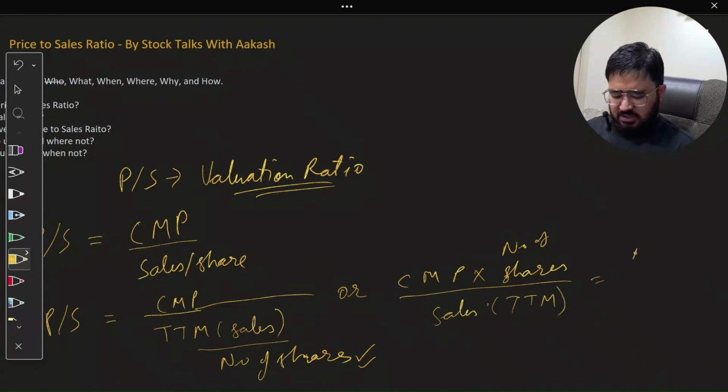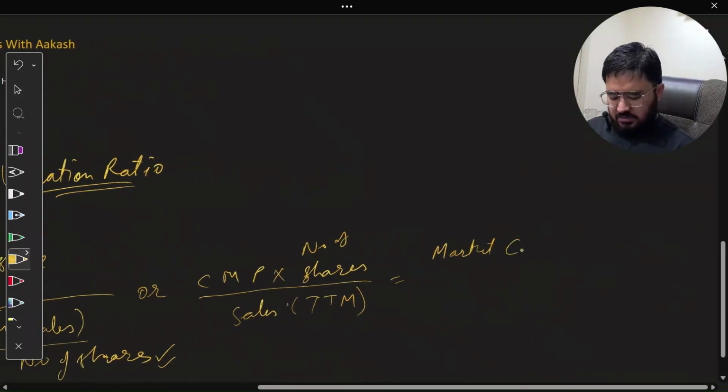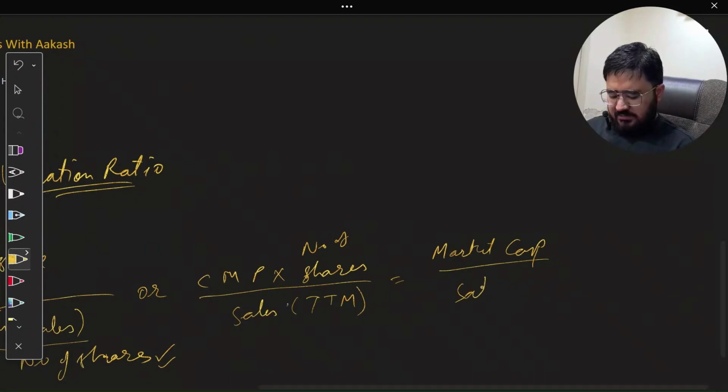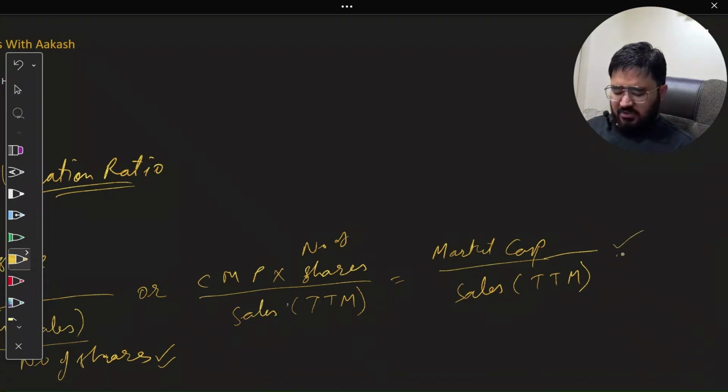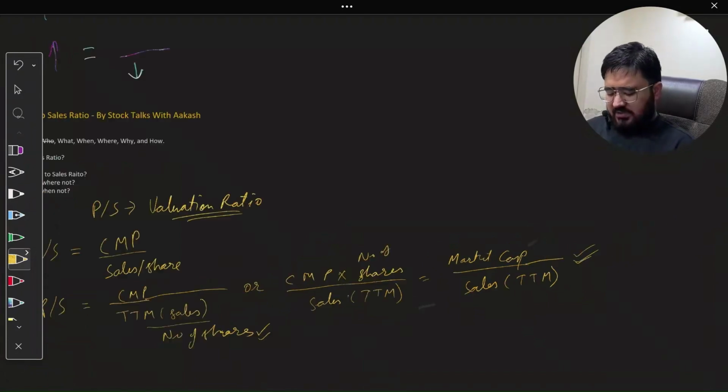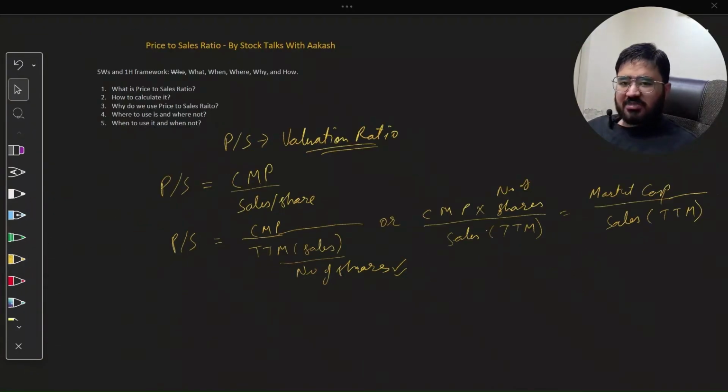It is nothing but market capitalization divided by sales trailing 12 months. So this is the easiest formula to calculate the price to sales.